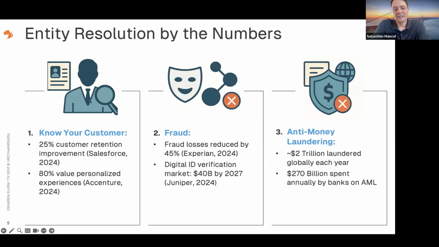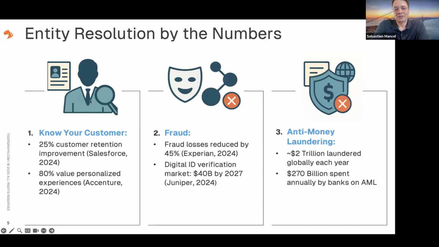Now, on the fraud side, Experian reports that strong identity verification reduces fraud losses by 45%. And the digital ID verification market is predicted to hit $40 billion by 2027. So this is becoming a very big topic. And finally, anti-money laundering.